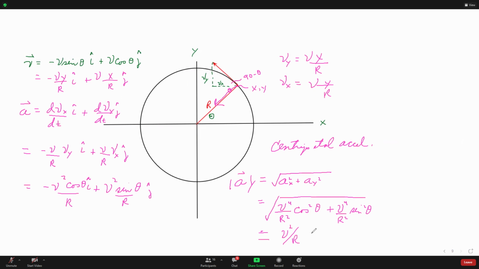And the magnitude of the acceleration, being v squared over r, will actually change as the speed of the particle changes. But in this case, in uniform circular motion, the speed is constant, so the magnitude of acceleration is constant as well. Okay.